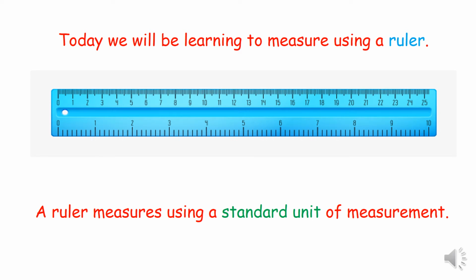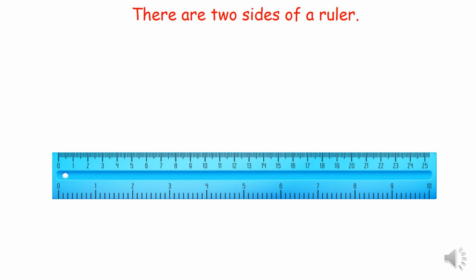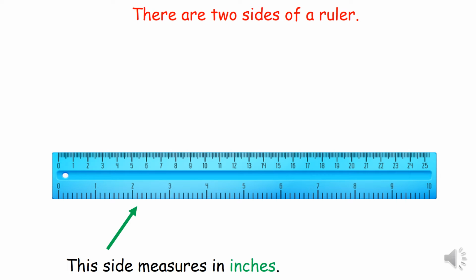A ruler measures using a standard unit of measurement. I wonder if you know what that standard unit of measurement is. There are 2 sides of a ruler. If you look at both of these sides of the ruler, you can see numbers on them. This side of the ruler measures in something called inches. Can you say that? Inches.